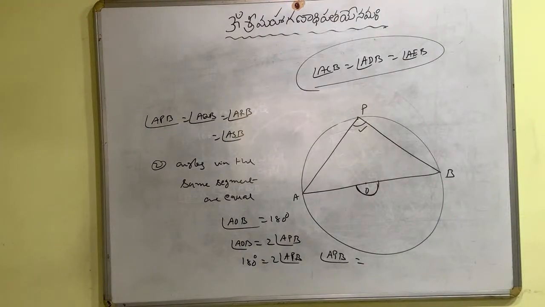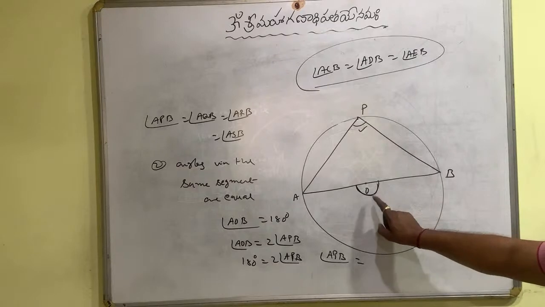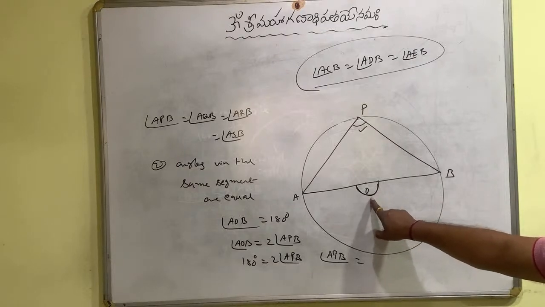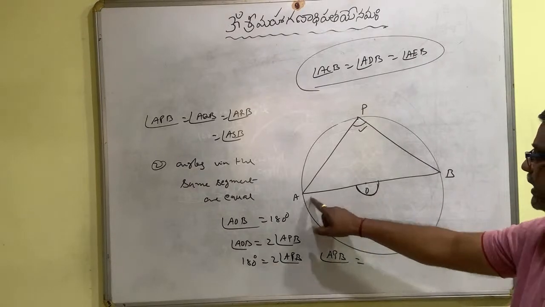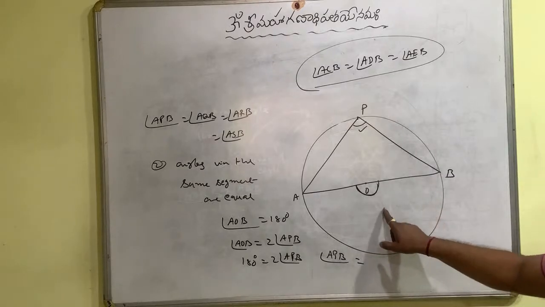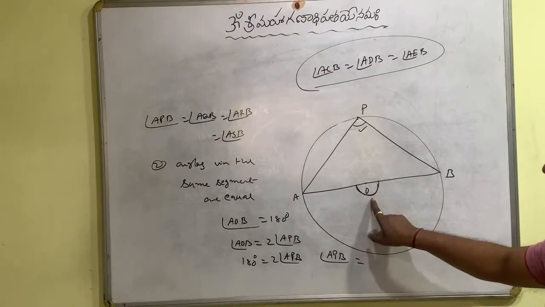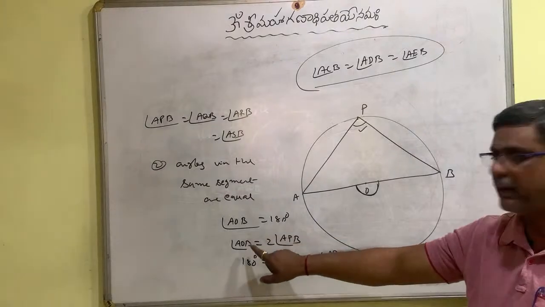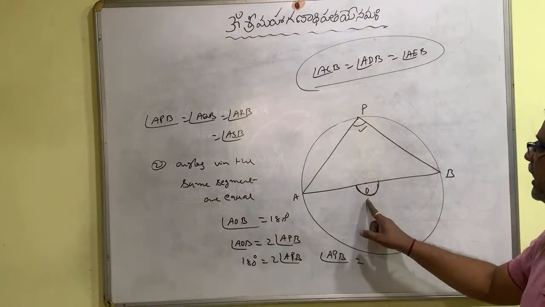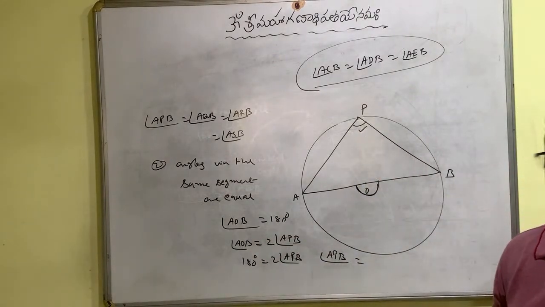AOB is a diameter, so the central angle at the center is 180 degrees, a straight angle. So its measurement is 180 degrees. But we have a property that the central angle is double the inscribed angle.